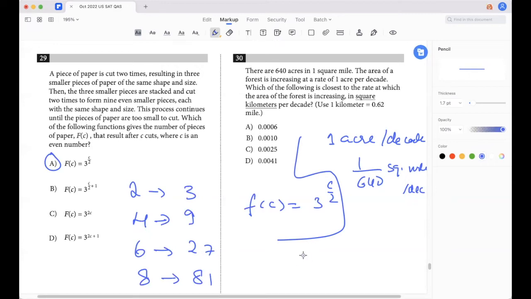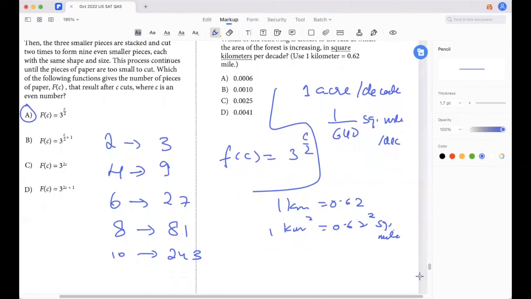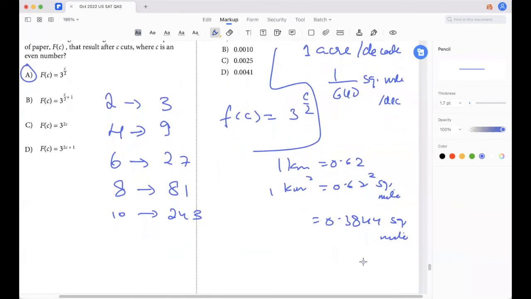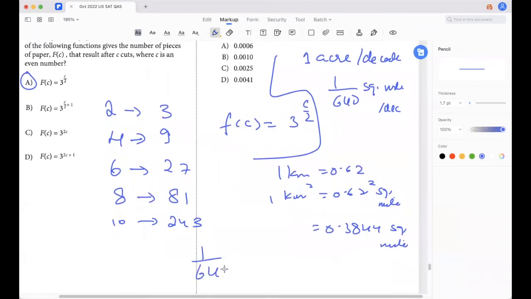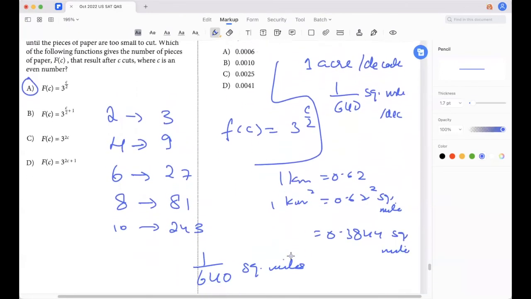And so 1 kilometer is 0.62 mile. So 1 kilometer square is 0.3844 square mile, right? So let's plug that in. 0.62 square is 0.3844. Okay. So we basically have 1 over 640 square miles and we have to convert it to square kilometers, right?